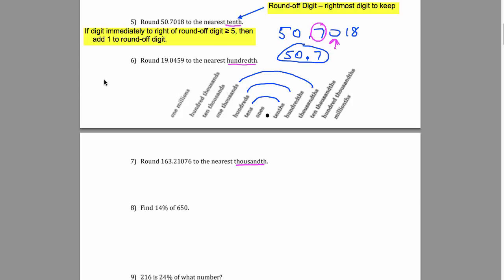In problem number 6, they're asking us to round to the nearest hundredth. Looking at the place value chart, we see that is 2 columns to the right of the decimal point. So the round-off digit in this case is going to be the 4.